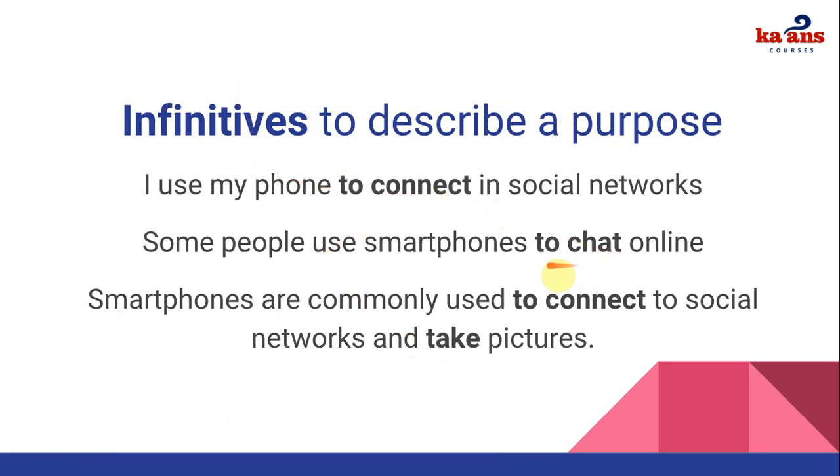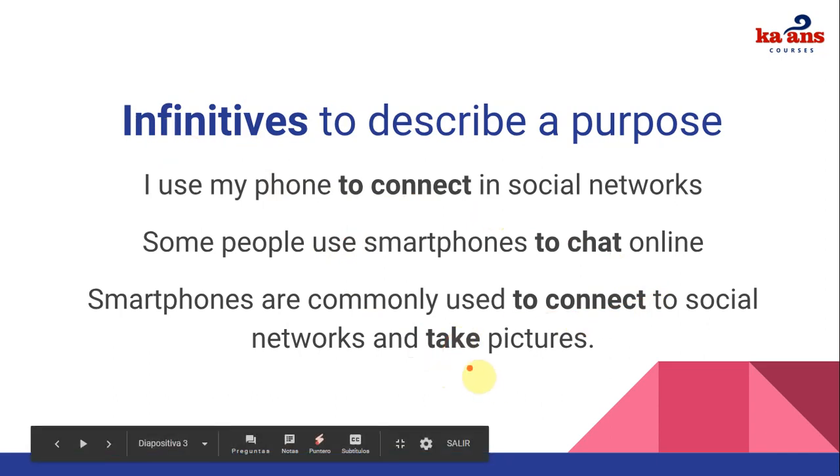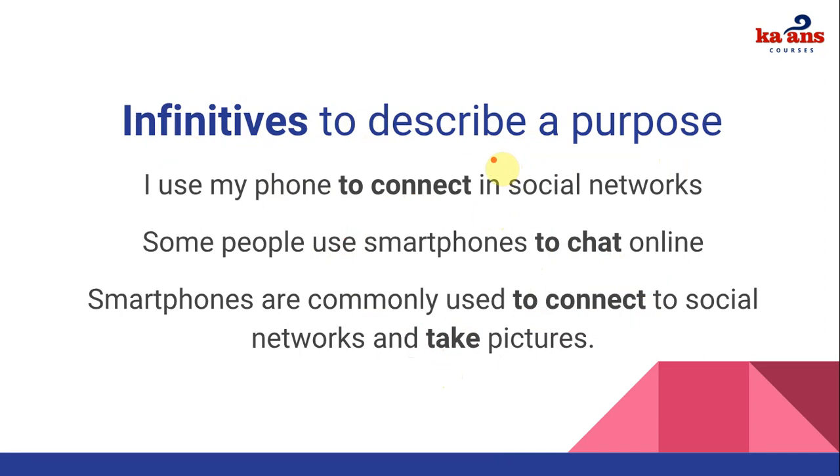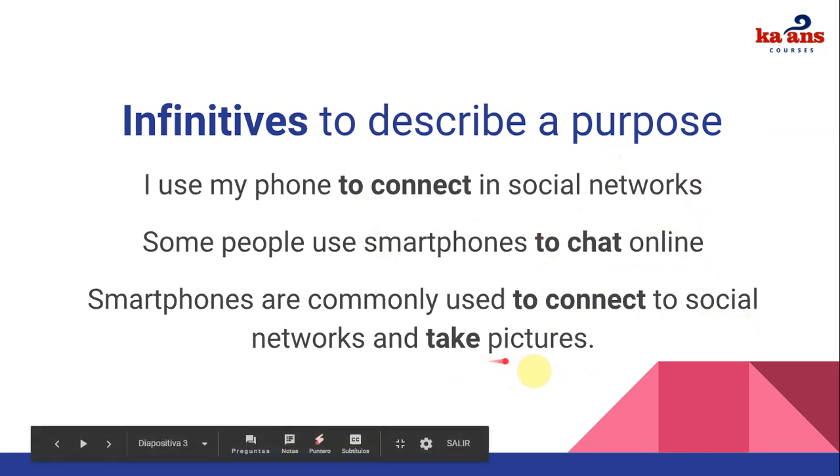To connect, to chat, to take, and then we're describing the purpose. Describiendo el propósito. ¿Cuál es el propósito de usar un smartphone? Purpose number 1, to connect in social networks. Purpose number 2, to chat online. And purpose number 3, to connect to social networks and to take pictures. Okay?